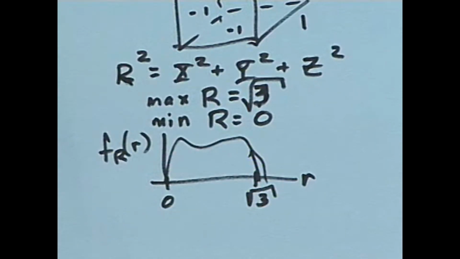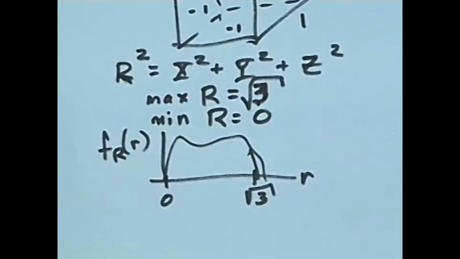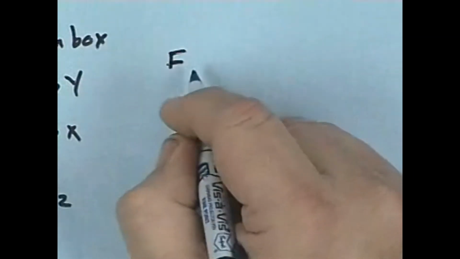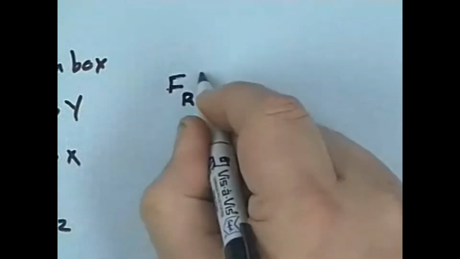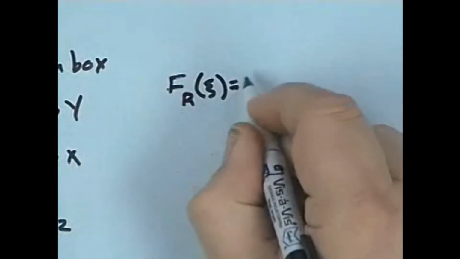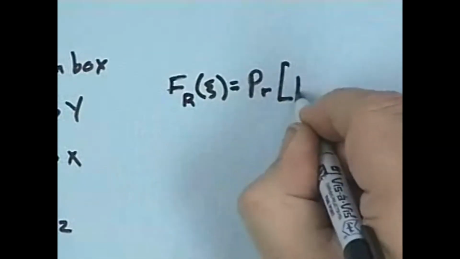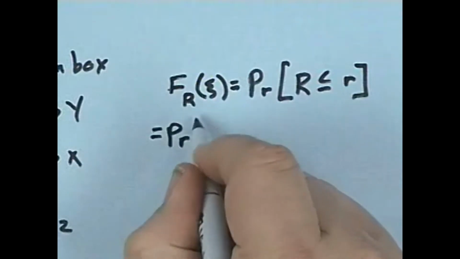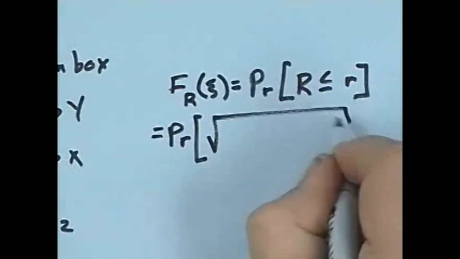Find the cumulative distribution function for r only over the interval c equal to 0 to 1. Okay, so the next problem is as follows. Given the distribution function for r, that of course is equal to the probability that the random variable r is less than or equal to c, which we know is equal to the probability that the following is true.